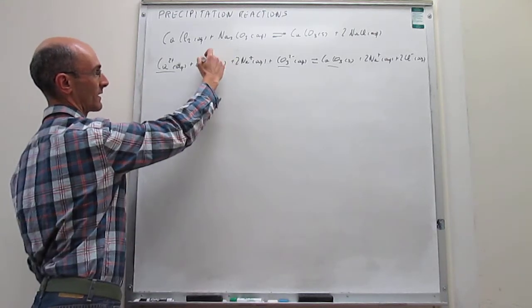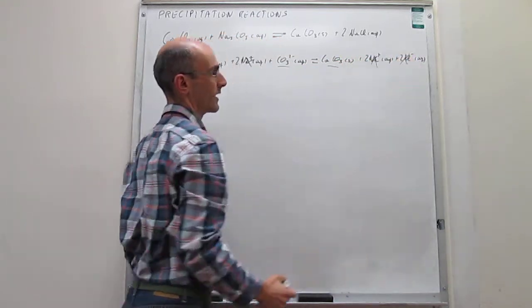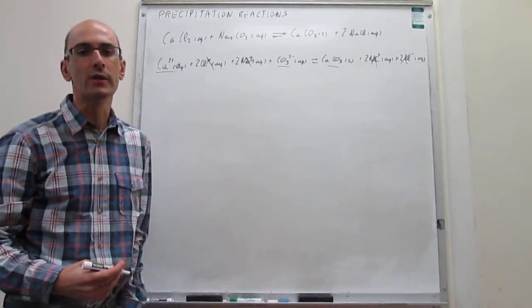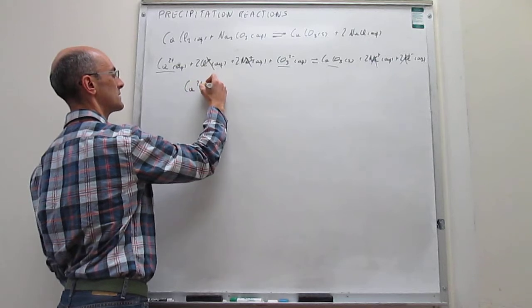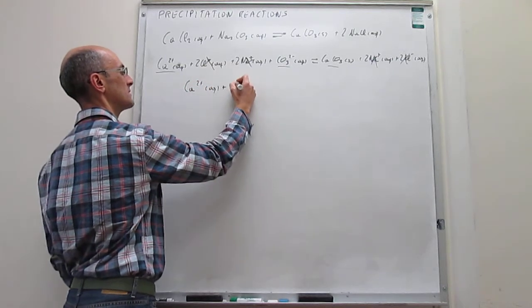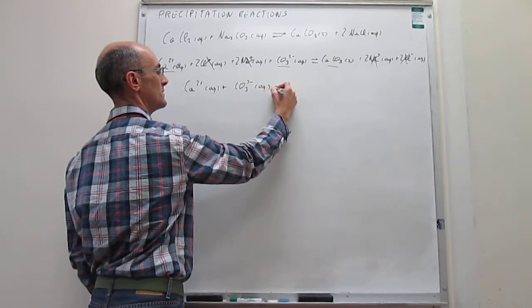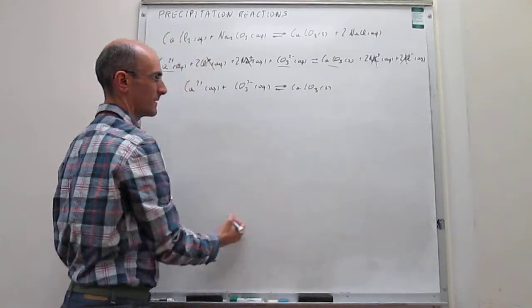So these are spectator ions, and they're not doing really anything in the reaction. So you can completely eliminate them to write what we call the net ionic equation. Right, so the net ionic equation will be Ca2+ in aqueous phase plus CO3 2- in aqueous phase, precipitate to generate calcium carbonate, which is a solid.